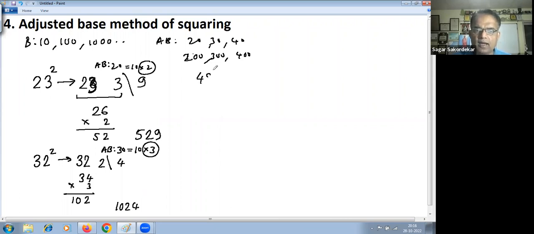Try 48 square. Take the adjusted base as 50. No, Isra.